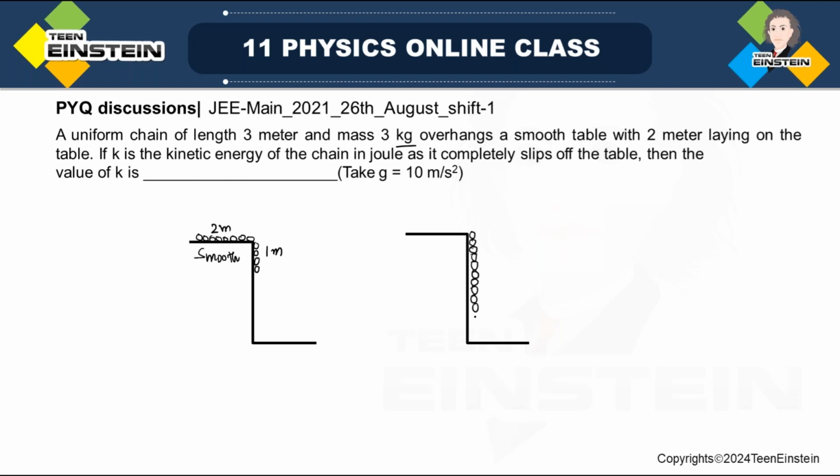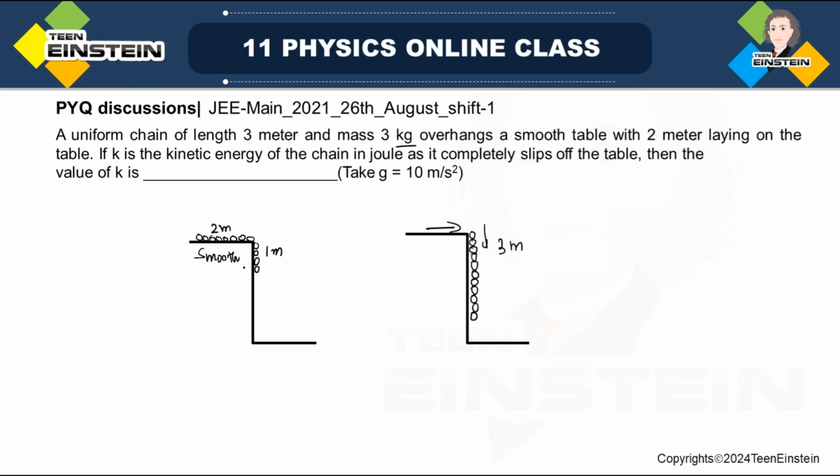The whole length is 3 meter, so it has slipped down from the surface of the table. So this was initially there when the chain was not having any motion.